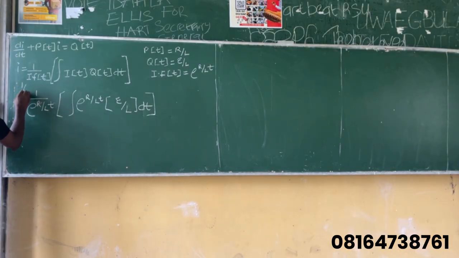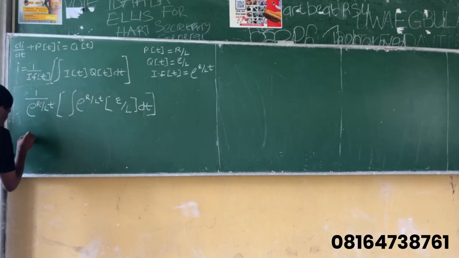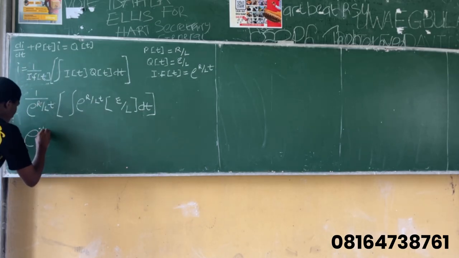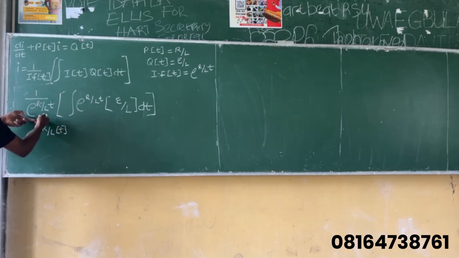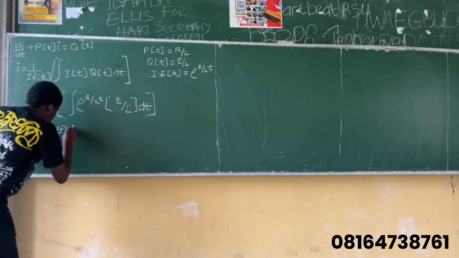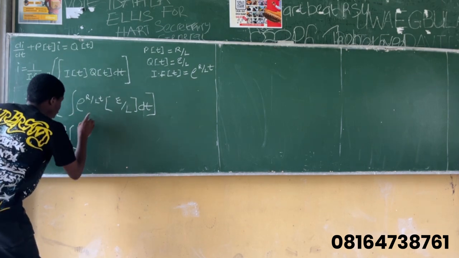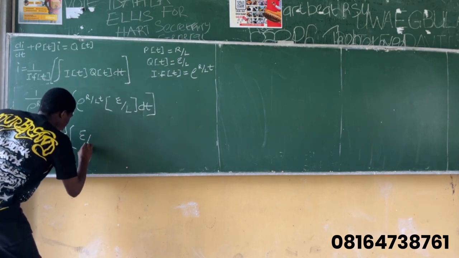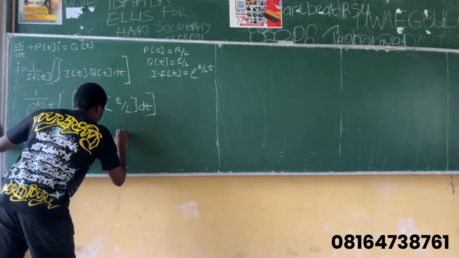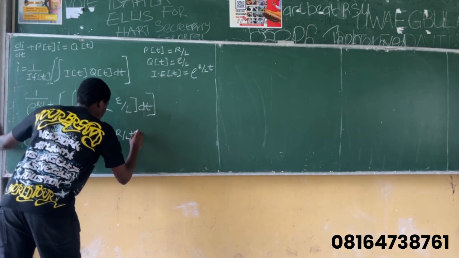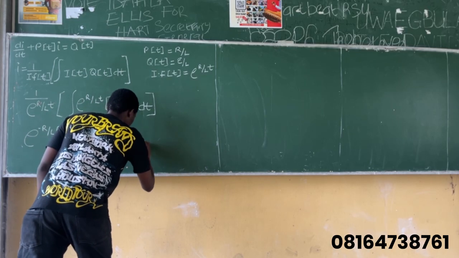So this 1 over a is the same thing as a raised to the power minus 1. So now we are going to be illustrating this. This will be e raised to the power minus R over L t. So since we are taking this up, we are going to be adding a minus to it. So now taking this out, E over L, integral of e raised to the power R over L t dt.